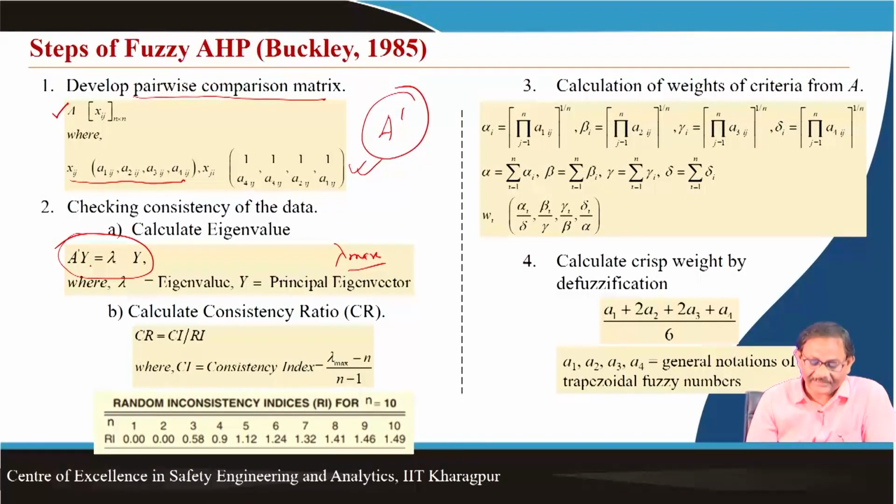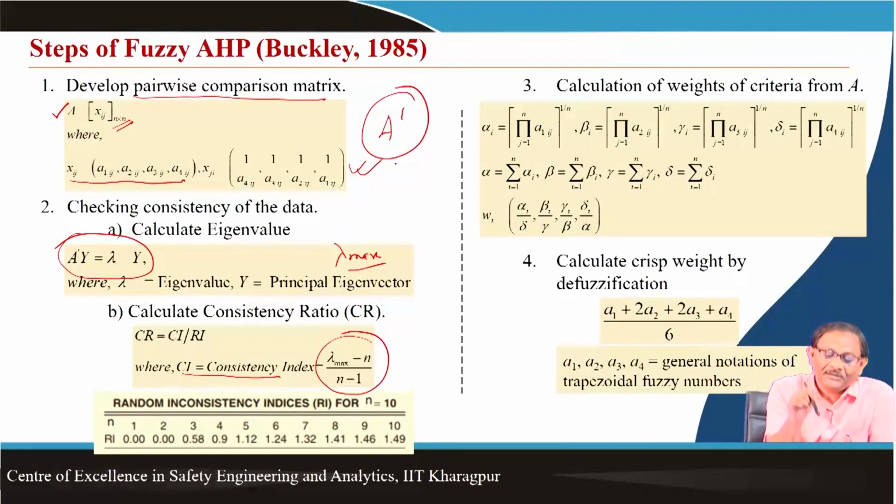Once you have the lambda max, you can find out the consistency index using this formula, lambda max minus n by n minus 1, where n is the size of the matrix, n cross n, a square matrix with rows and columns of equal length n. So what are you doing?